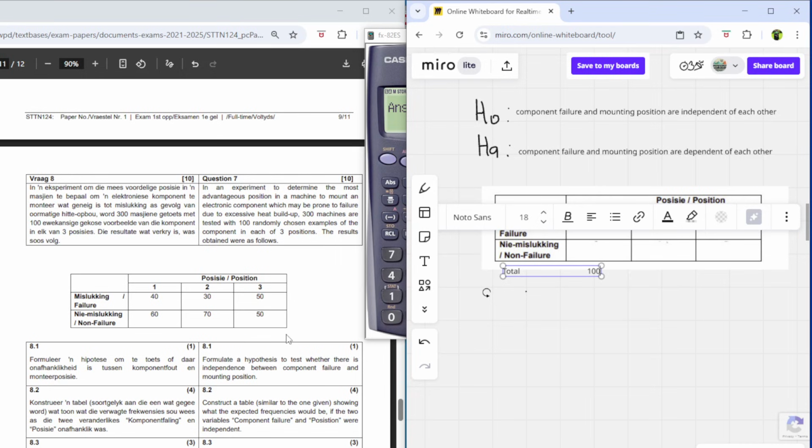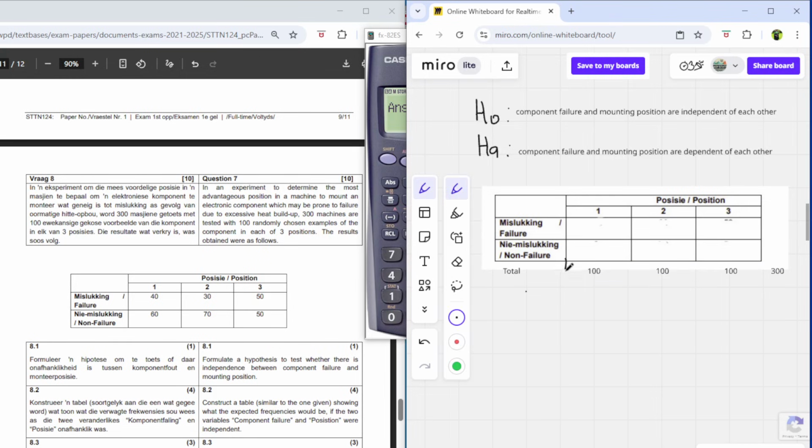So all the totals are 100, 100, 100. Remember, they said they use 300 machines, so the total is 300 at the end. That is 100, 100, 100, and that is equal to 300.